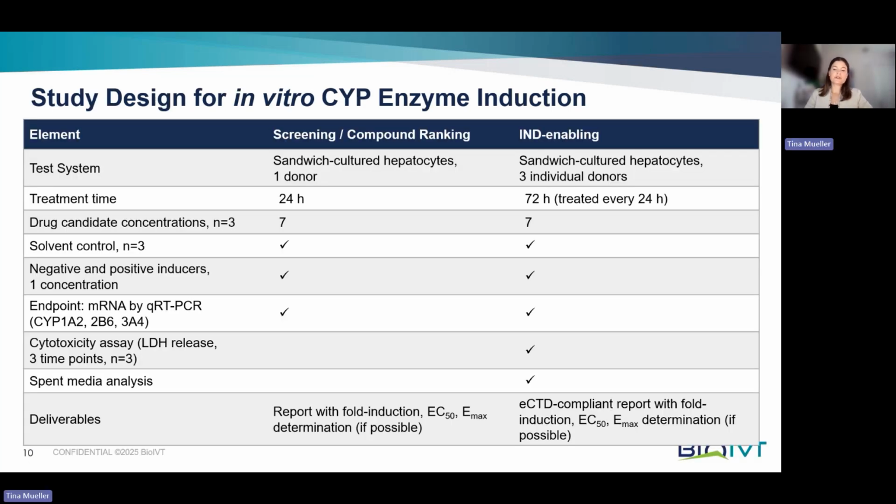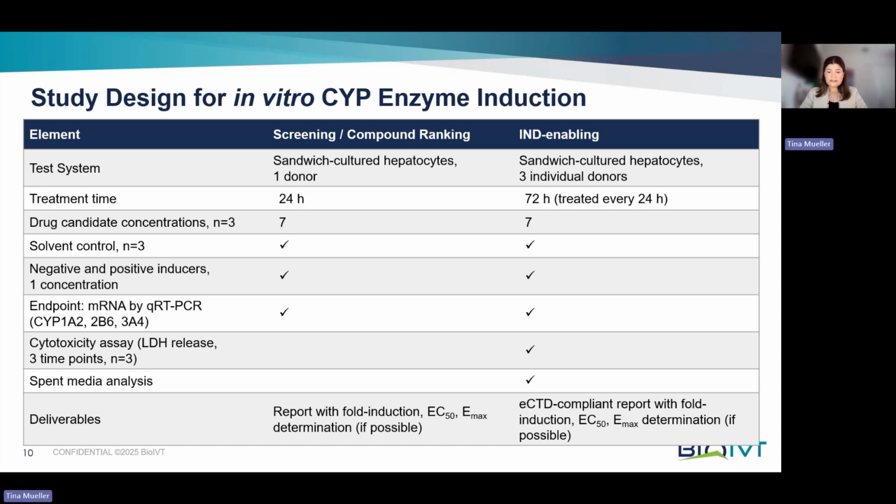Let's now switch gears and look at this table, which shows the typical design of CYP induction studies, which closely reflects the setup here at BioIVT. There are two study designs depending on the objectives. The first is a screening, or probably more accurately called compound ranking study, and the second is the definitive or IND-enabling study that meets the requirement for regulatory submission.